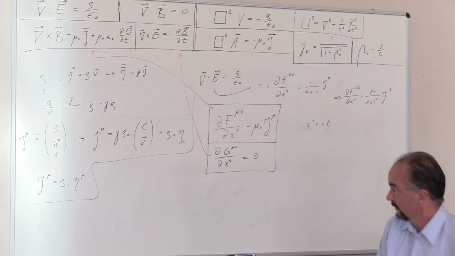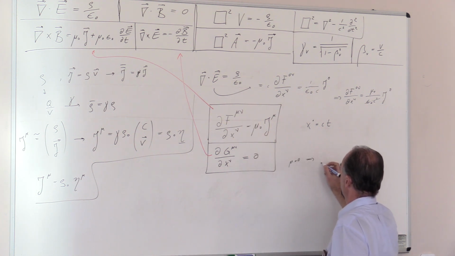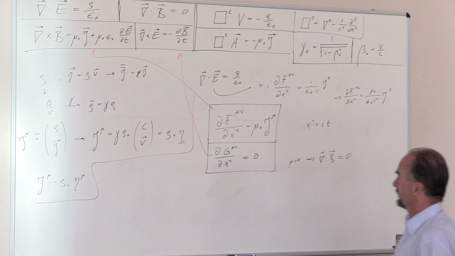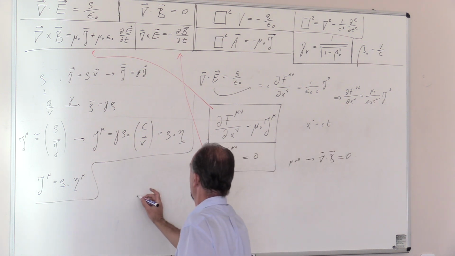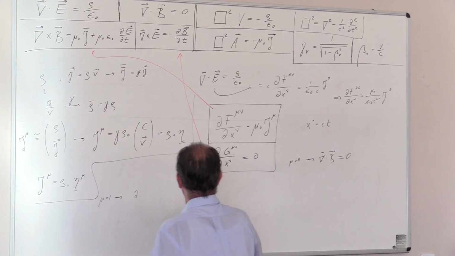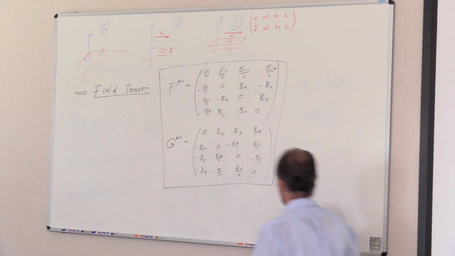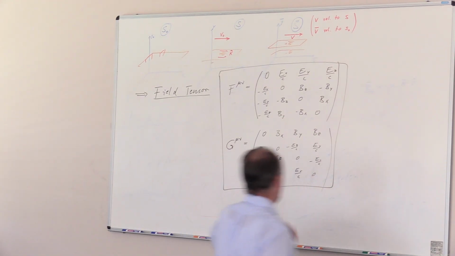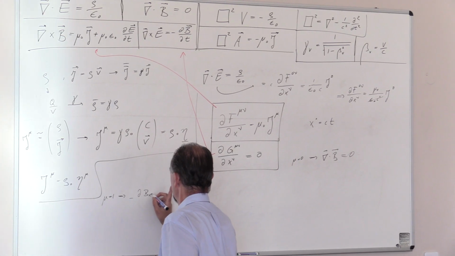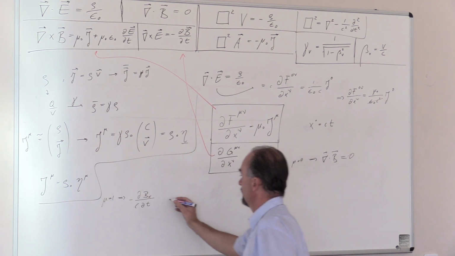The first row, so for 0, that's easy, right? So for mu equals 0 gives us divergence B equals 0. Let's say mu equals 1, then we have, so take the divergence of the first row here, dB over dt, minus dBx over c dt, that's dx naught, right?